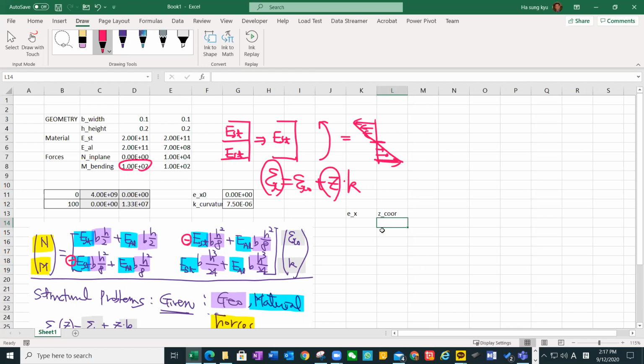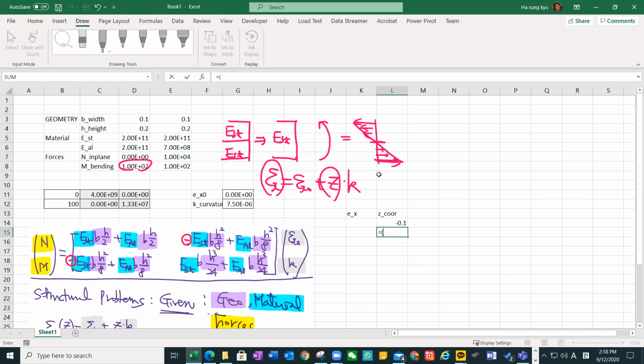So z, starting with what? The bottom one is minus half h.